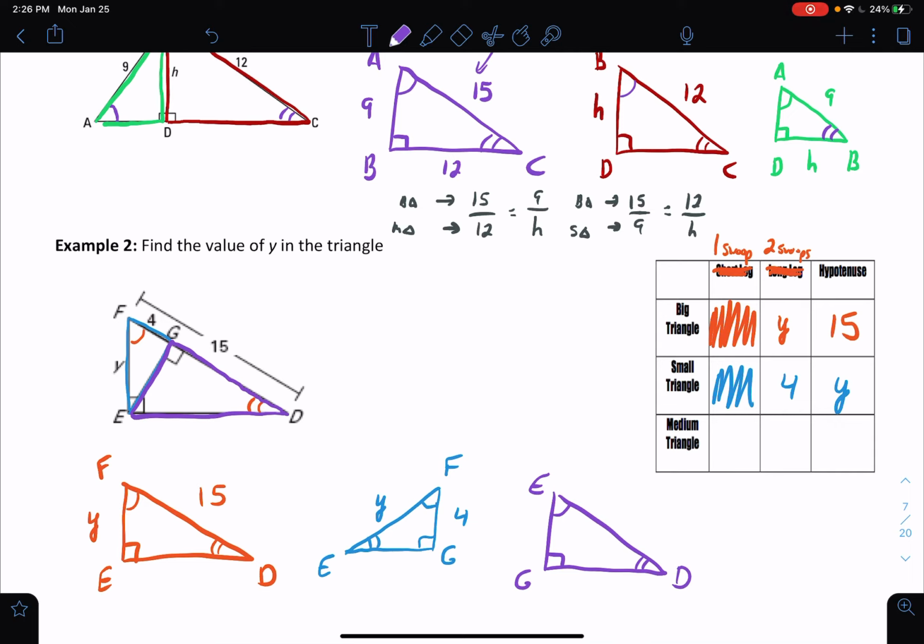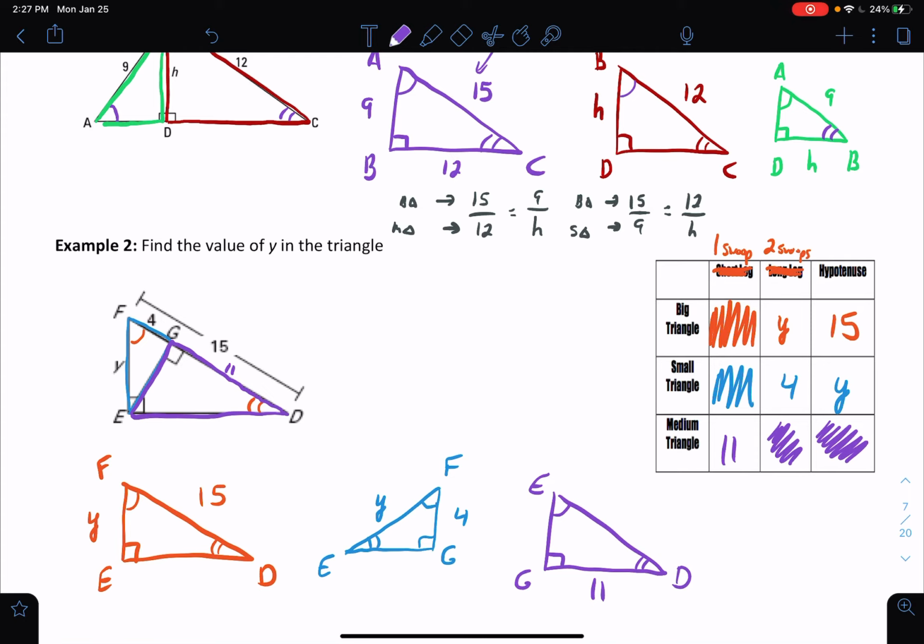Well, we know that this whole thing, FD is 15, FG is 4, which means GD is going to be 11. We don't know what GE is, and we don't know what ED is. So in this chart, in the medium triangle, opposite 1 swoop, we've got 11. We don't know what's opposite 2 swoops, and we don't know what the hypotenuse is.